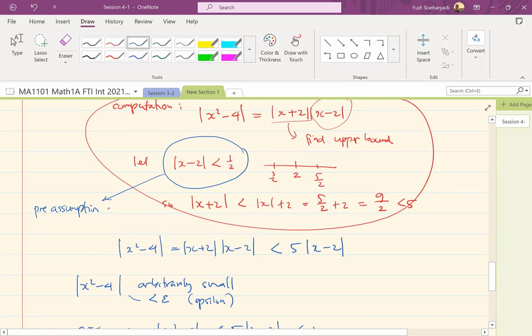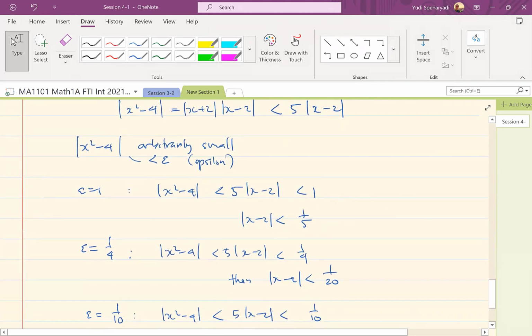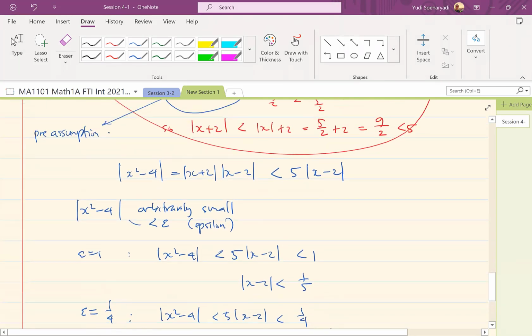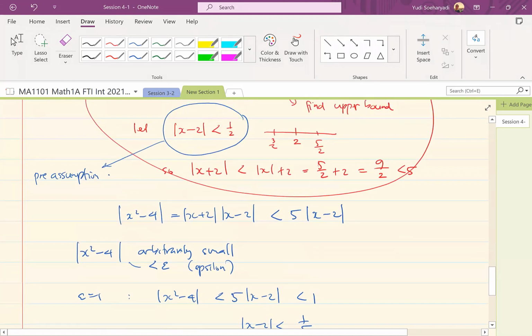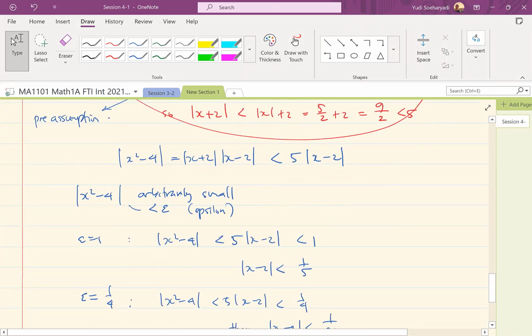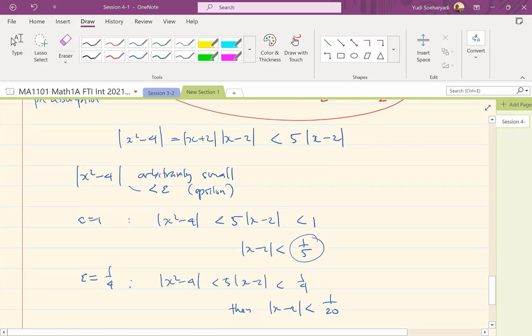So based on this assumption, we get this is less than 1/5. All right, so let's just pick the smaller one. This is 1/5. This is 1/2. Pick the smaller one between 1/2 and 1/5.